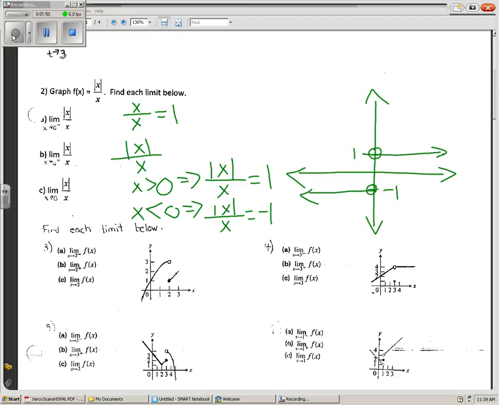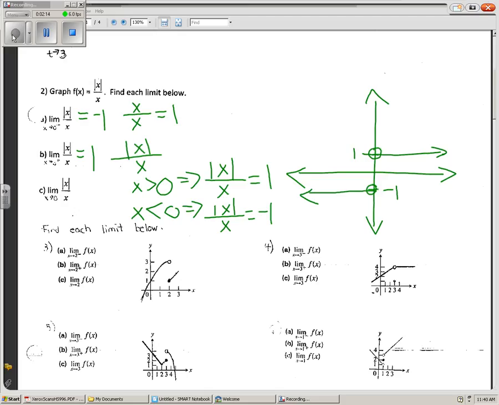As x gets closer to 0 from the left, the y's stay close to negative 1. Part B, they're saying as x gets closer to 0 from the right, what do the y's get closer to? So we look to the right of where x is 0. We see that as you plug in x numbers a little bigger than 0, the y's stay close to positive 1.